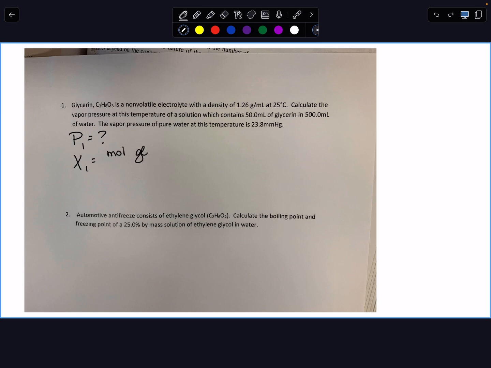Nope. We need the moles of water. I just did what I told y'all not to do. Divided by the moles of water plus the moles of glycerin. And then the P1 standard is 23.8 millimeters of mercury.